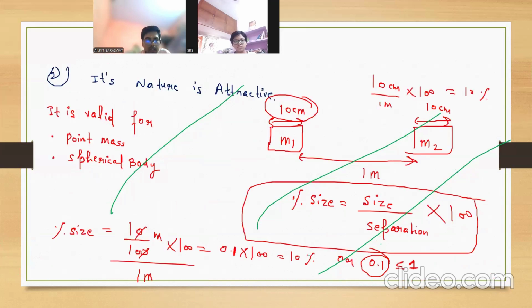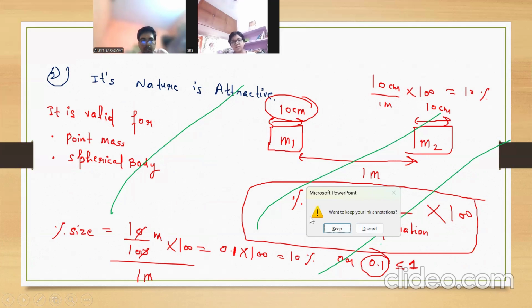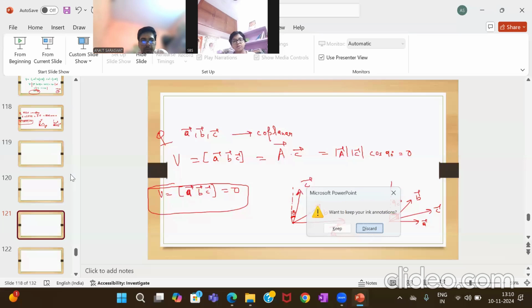You have written this percentage size, right up to this only, it is valid for point mass spherical body. Don't write the entire thing currently. Up to this, did you write? Yes, sir. Okay. One minute.